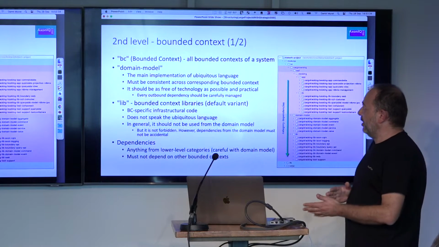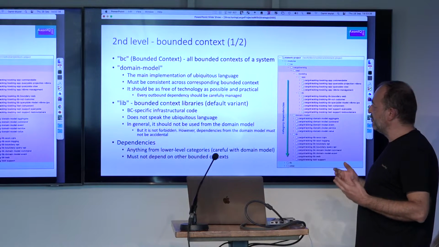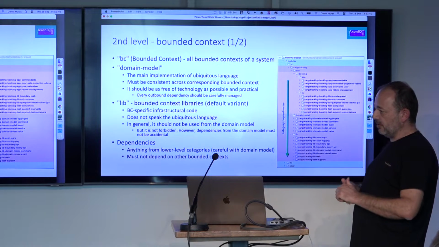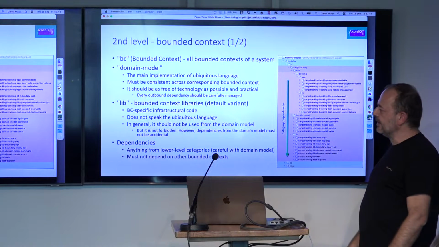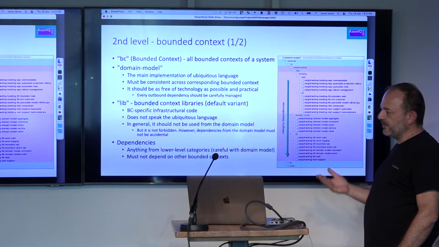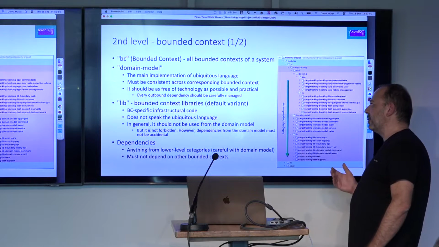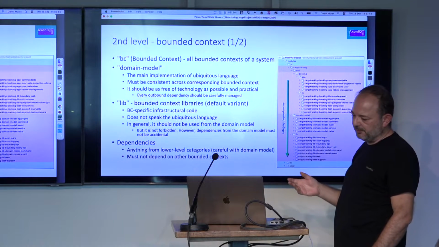Okay. On the second level, we have a domain model. It must be consistent across the corresponding bounded context, which also includes all enclosed subdomains. And the interesting fact is that it should be as free of technology as possible and practical. You will never achieve 100% purity.